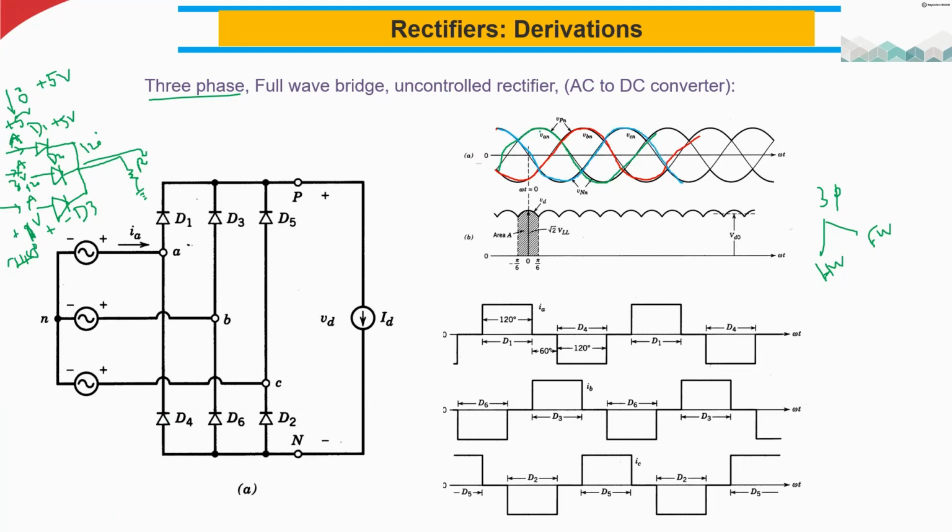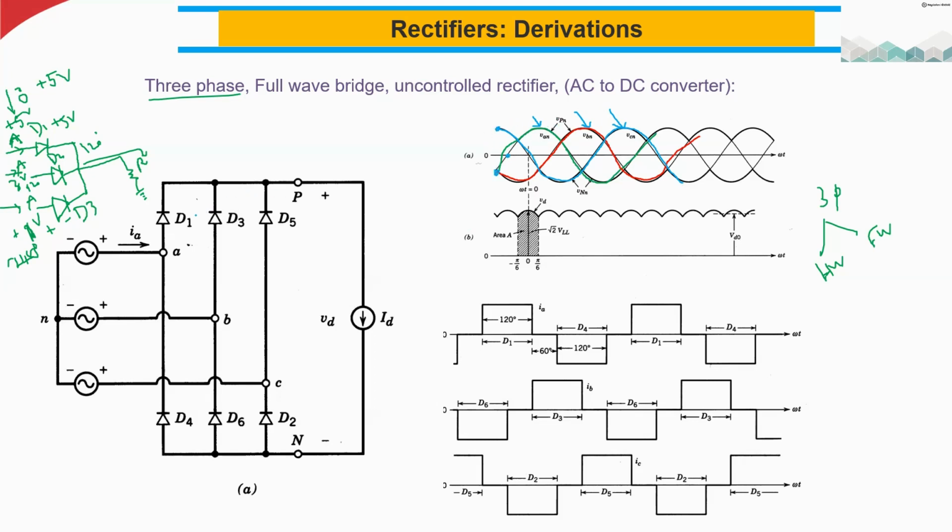Okay. So each phase has the same amplitude. But remember, the phase is different. This one is starting from 0, and this one has a 120 degree phase difference, and this one also has a 120 degree phase difference.